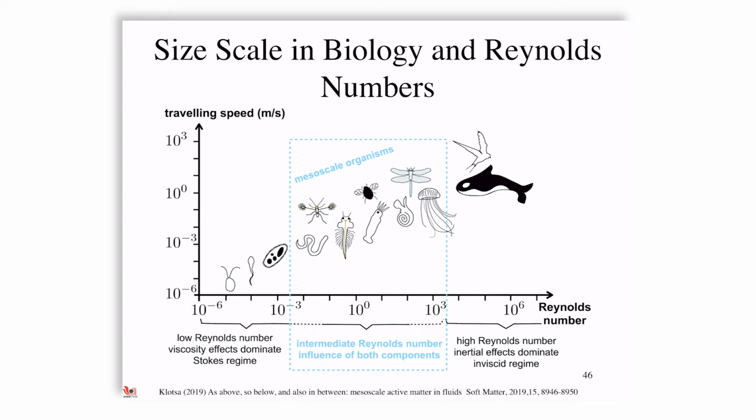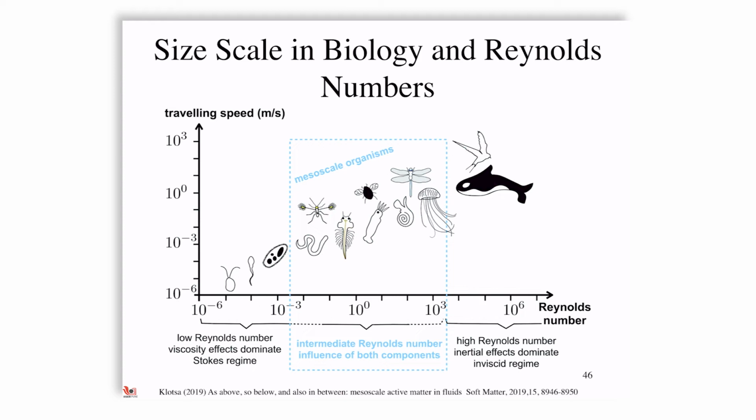At some intermediate size and velocity scale, Reynolds numbers are in the range of 10 to the power 0, 1 to 10 to 100 to 1000, where both the viscous and inertial components matter. And at high Reynolds numbers, that is 10 to the power 6 and so on, only inertial forces dominate.